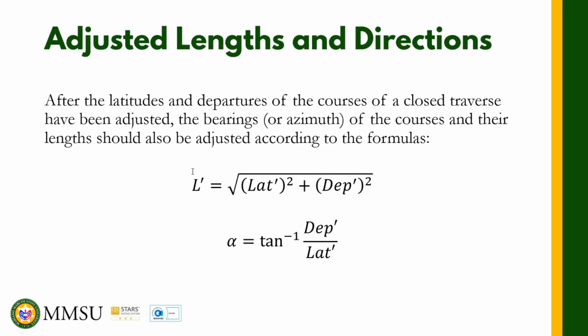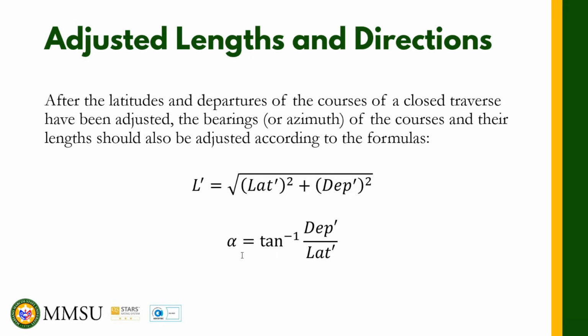So, ang corrected length ngayon ng isang linya or isang course is just equal to the square root of the corrected latitude squared plus the corrected departure squared. So, basically, ang ginagamit natin dito is the Pythagorean theorem. Ginagamitan na natin ng correction, yung corrected na yung ginagamit natin to compute for the corrected length na.